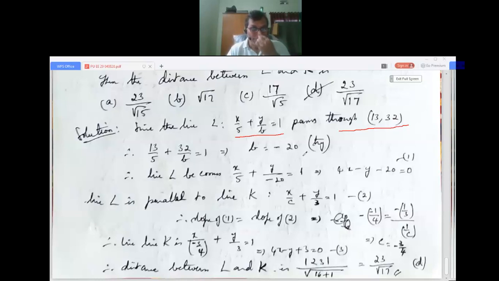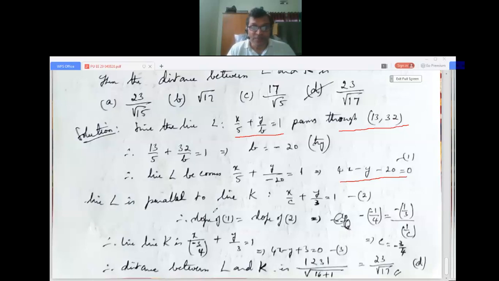We get the b value by simplifying this. You only have to do ordinary simplification. If you have doubts, please ask me. The line L becomes x by 5 plus y by minus 20 equals 1. Write it in the form ax plus by plus c by taking the LCM: 4x minus y minus 20 equals 0. I'll call it line 1.